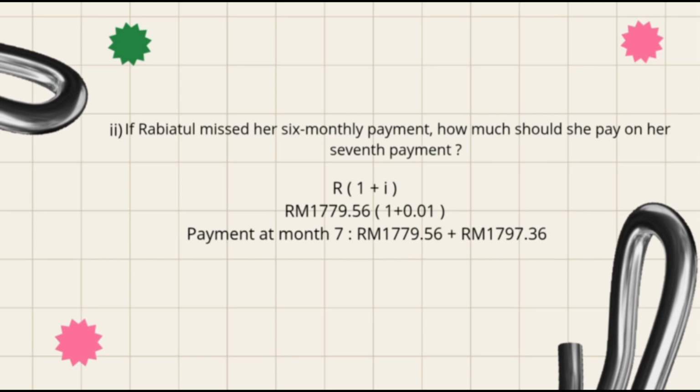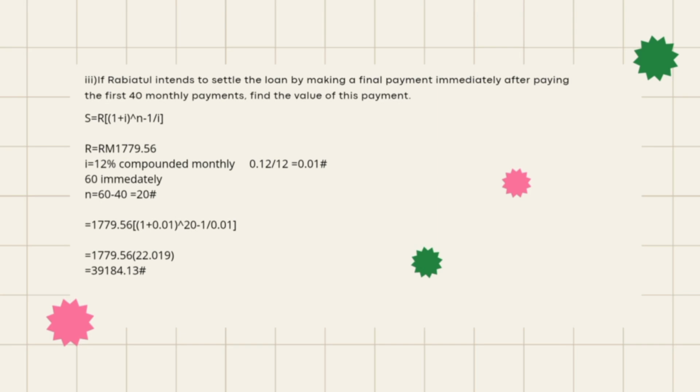For the next part, if she is to meet her 60 monthly payments, how much should she pay on her 7th payment? The formula is R times (1 plus I). So RM 1,779.56 times (1 plus 0.01). So the payment at month 7 equals RM 1,779.56 plus RM 17.79. Sixty comes from immediately.